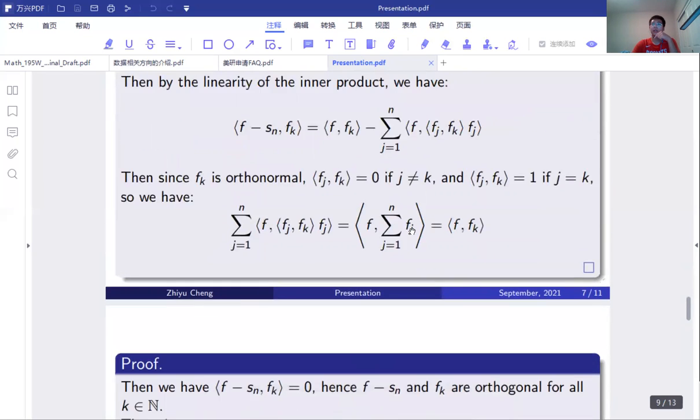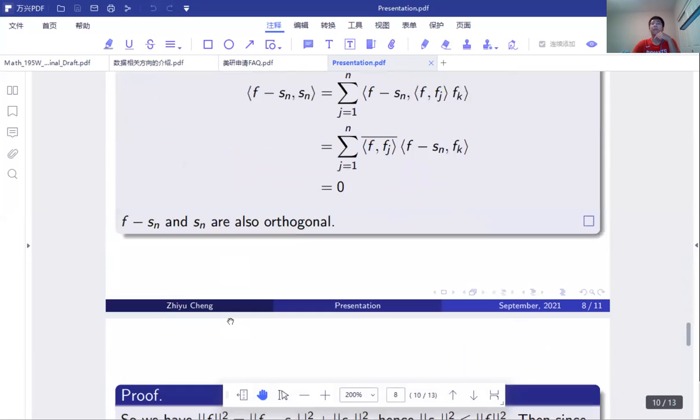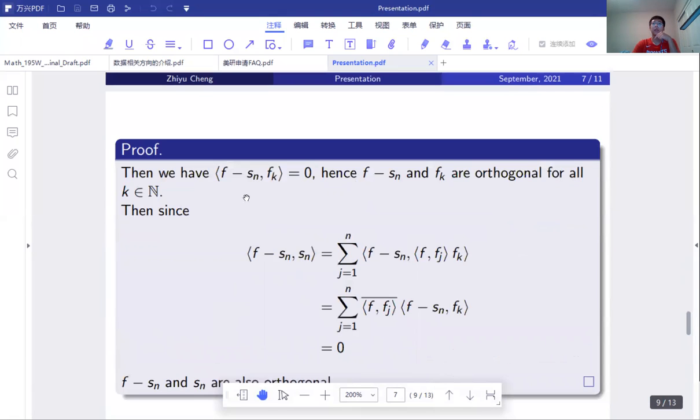Since the inner product of f minus S_n with f_k equals this, and this one equals the inner product of f with f_k, then this one is 0. So we have f minus S_n and f_k are orthogonal.